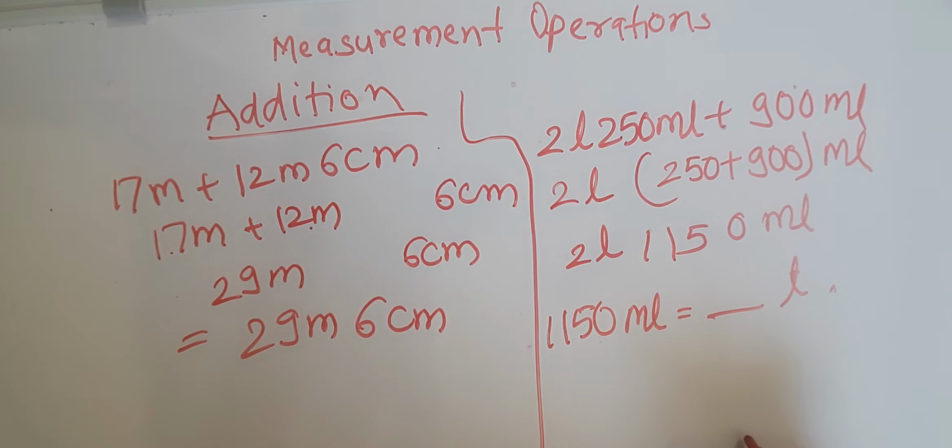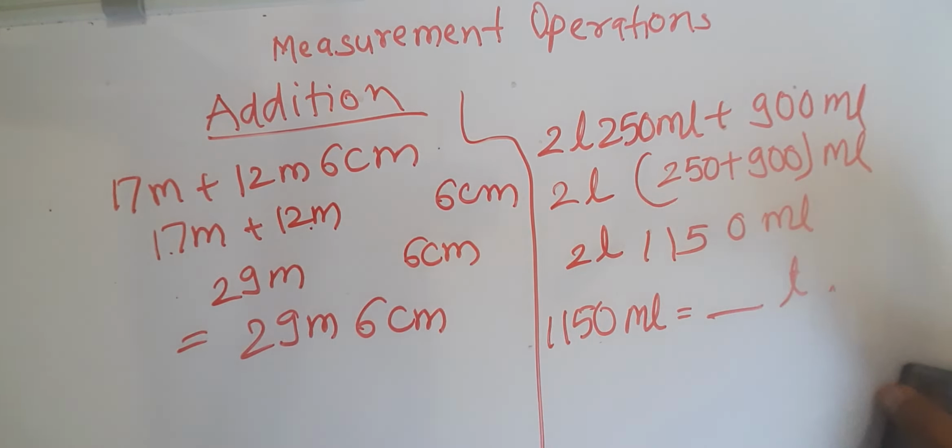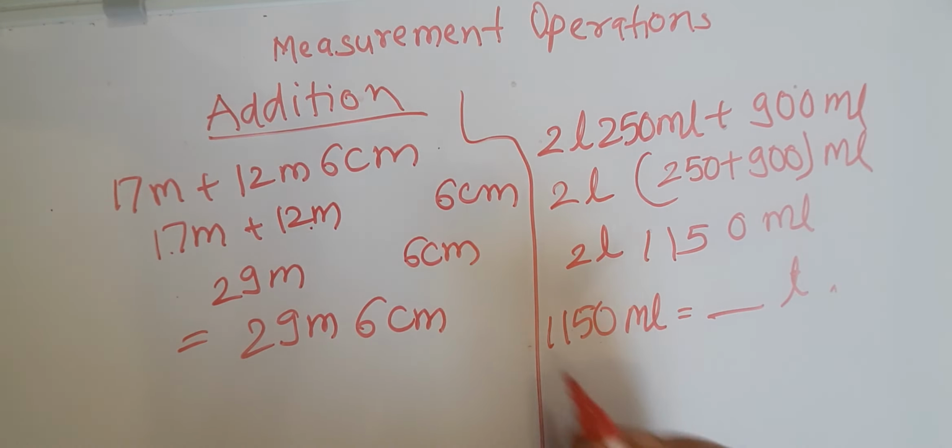We know for liters we have liter, deciliter, centiliter and milliliter, and we are converting from milliliter to liter. We are going from smaller to bigger, so we do division, and division by how much? 10, 100, 1000. So we'll divide 1150 by 1000 to convert into liter.